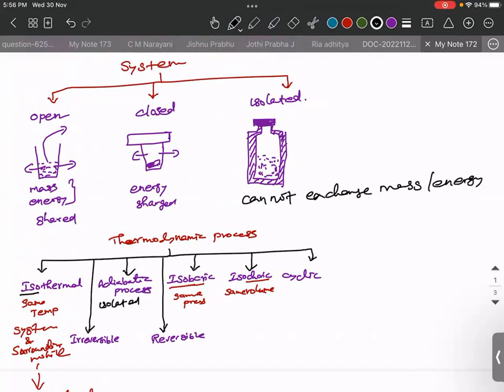That is isolated. So you are taking a flask. The flask is isolated because when you pour hot water, after 2 hours it is still hot water. When you pour water at 90 degrees, it stays 90 degrees. It won't change because it is separated from the surroundings. So this is called isolated.